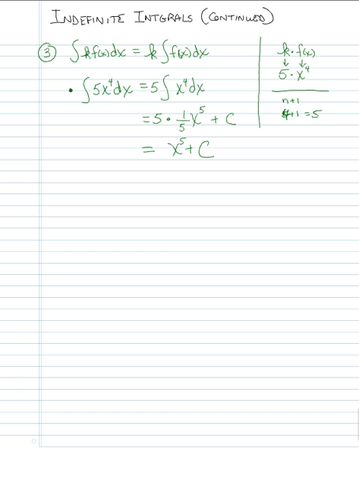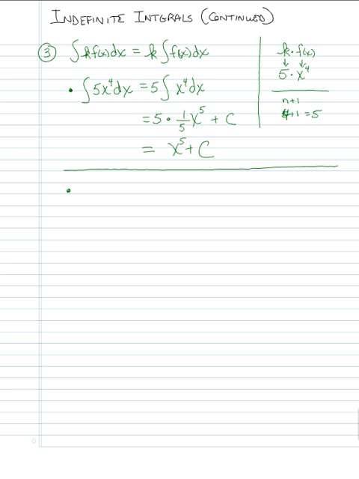Now, we figured that out earlier without this rule. But now, with this rule, we figured it out another way, and this rule, the integral of a constant times a function rule, is going to help us in situations where we might not otherwise imagine it. And here's what I mean.